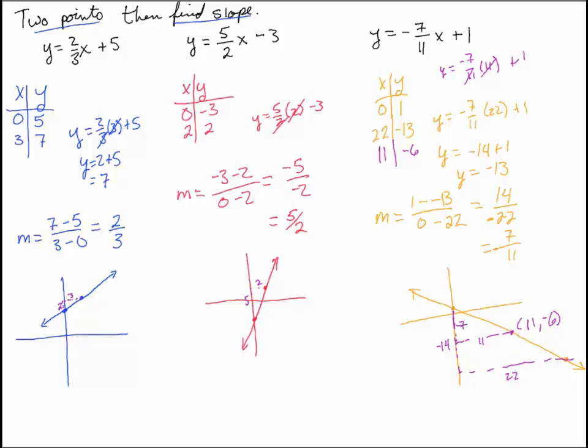Now comes the really cool part of this. This is all stuff we've done in the past, but you'll notice we went all the way down here. We found 2 points. Then we found the slope. And we ended up with this number. And some of you may have noticed this before. Look at that. There's the number right there.